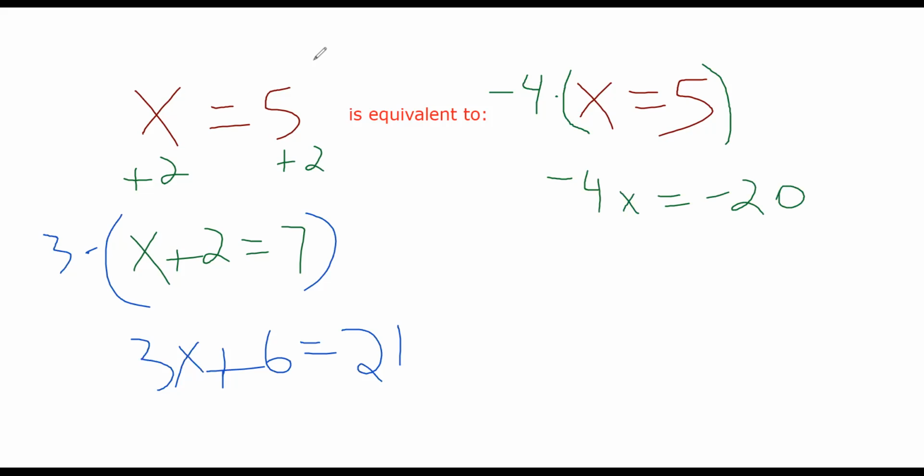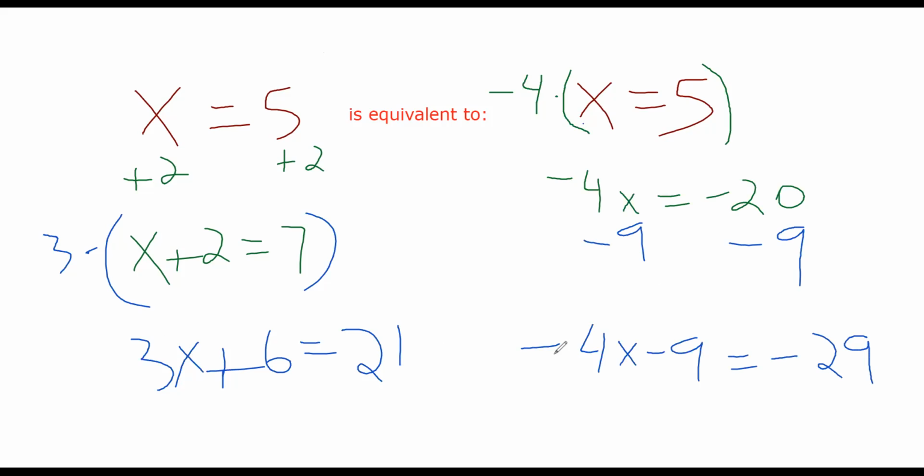And then let's say I decide I want to subtract 9 from both sides, whatever. So I'm going to get -4x minus 9 equals -20 minus 9 is -29. I don't know why you'd want to do that, but if you're bored one day, you could.